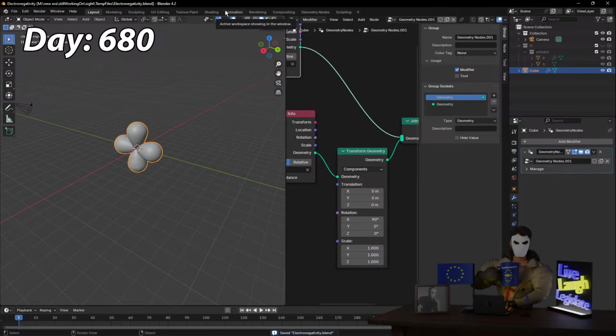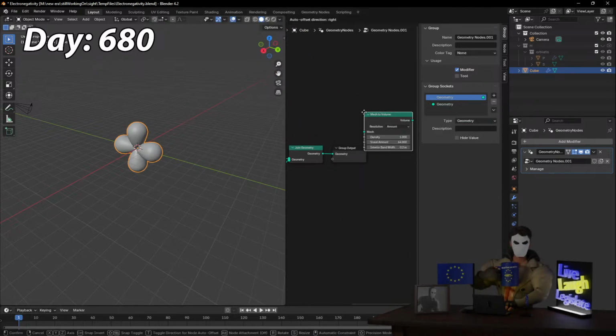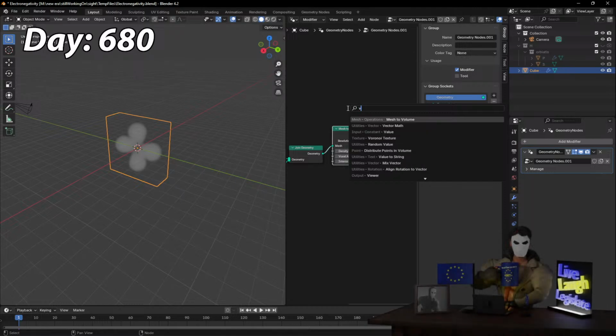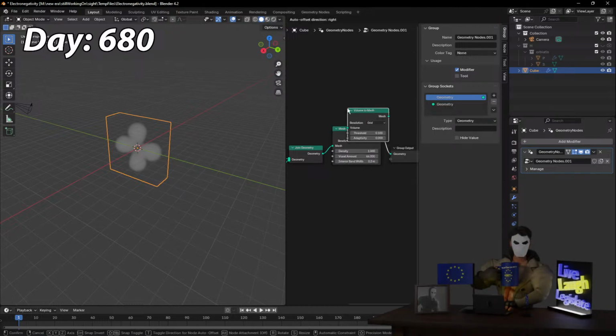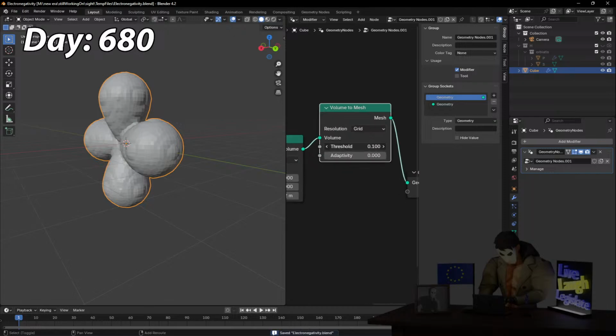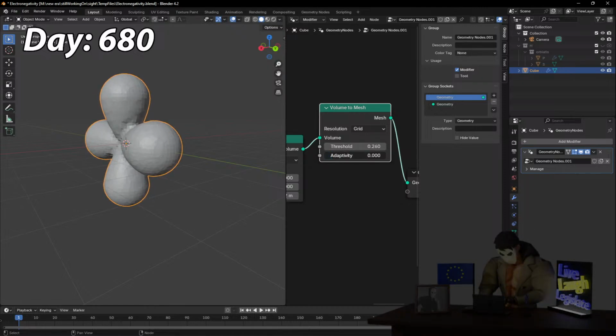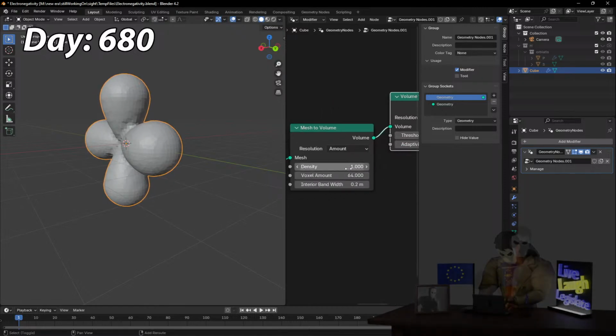Remco the physicist. And so right here, if we then mesh to volume like this, and then the volume to mesh. Oh! Hold on. Oh, threshold last here has to go up. That's odd. No, wait. Never mind. Oh, is this the problem?